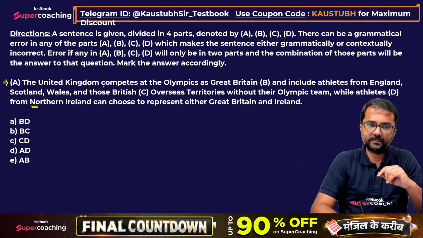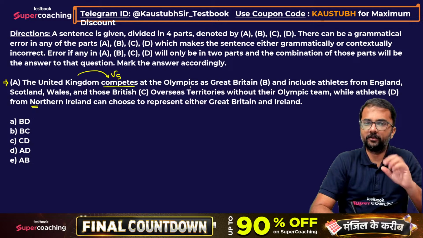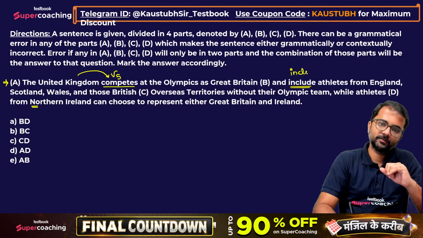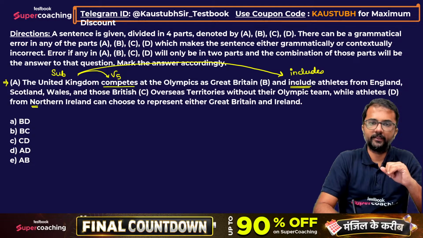See, the problem is in subject verb agreement. The United Kingdom competes at the Olympics as Great Britain, and includes, because United Kingdom is the subject, common subject for both the verbs, competes and includes.